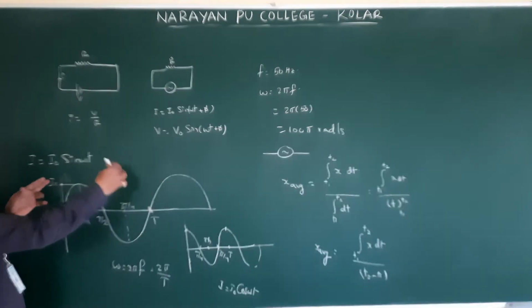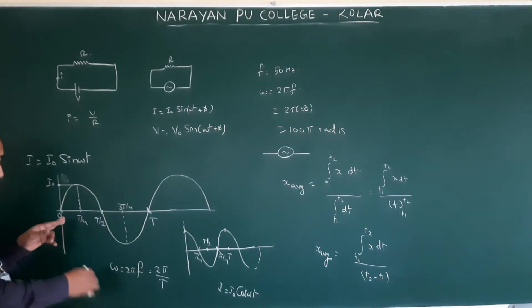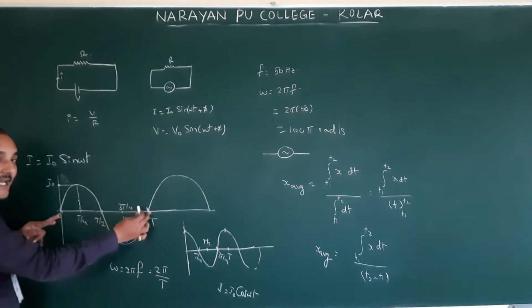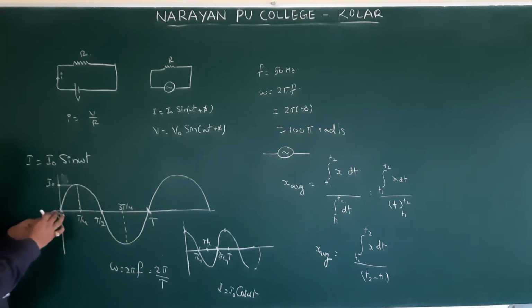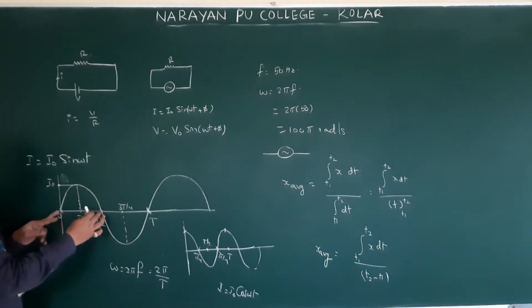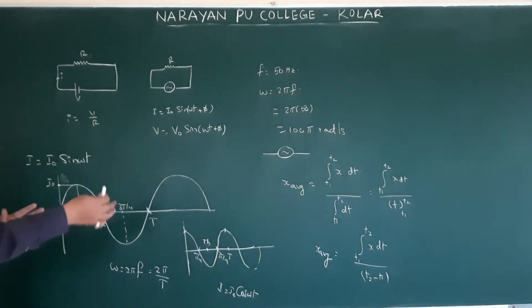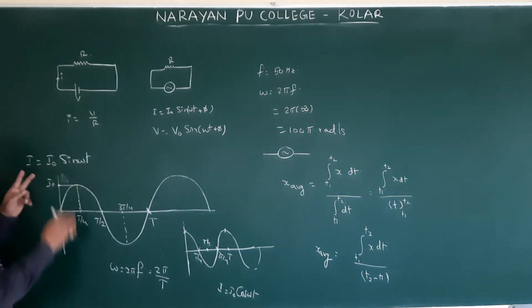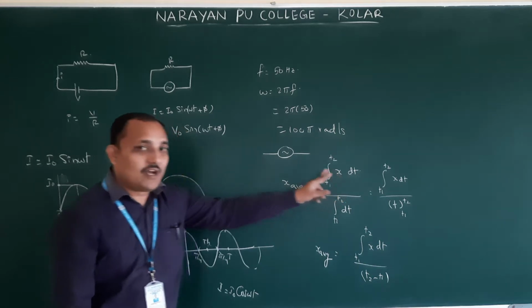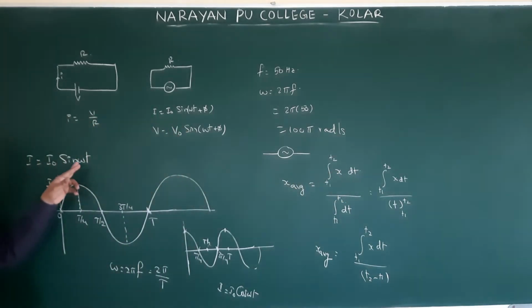Now here, average value we can find from where to where? For a complete cycle, from 0 to capital T, the time period. For a half cycle, 0 to T by 2. So for half cycle, what is the average current we are going to find? The general current equation is I equals I naught sin omega t. In place of x we use I naught sin omega t.